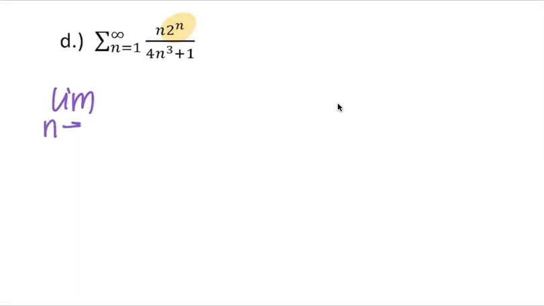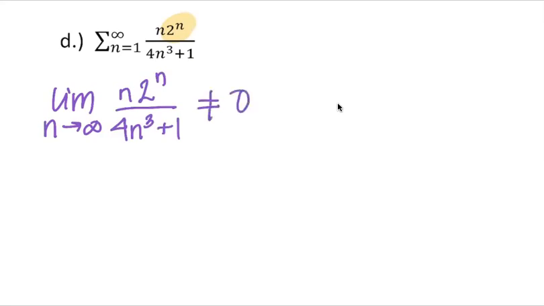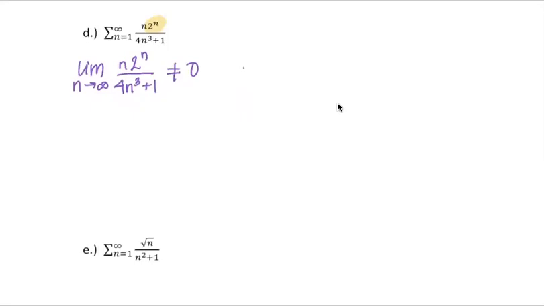The limit as n approaches infinity of just what we have here, n times 2 to the n over 4n cubed plus 1, does not equal 0. And that is all that matters. That's going to go to infinity. So we can say that this one right away diverges by the nth term test.